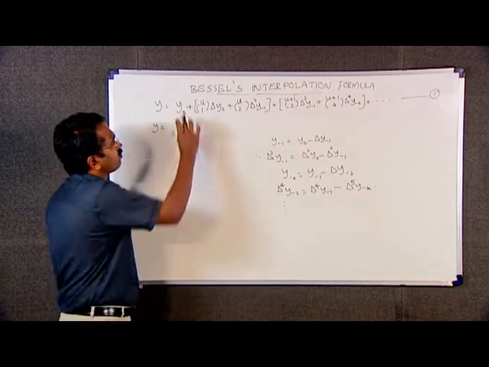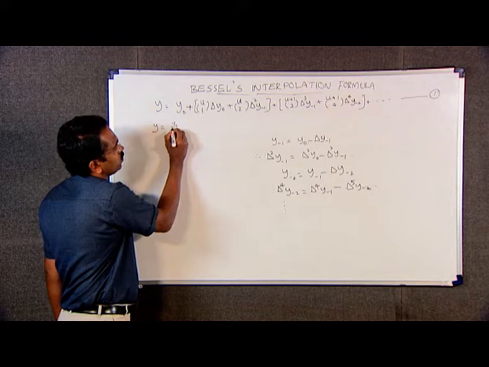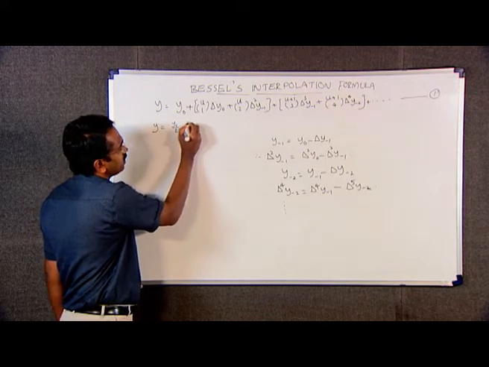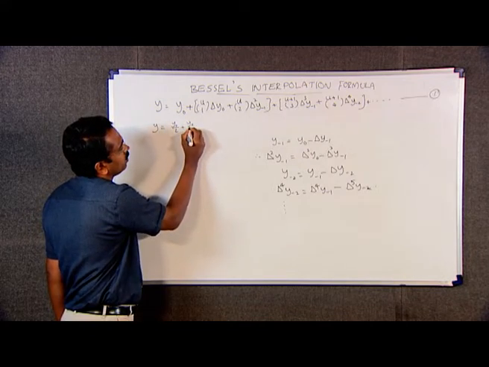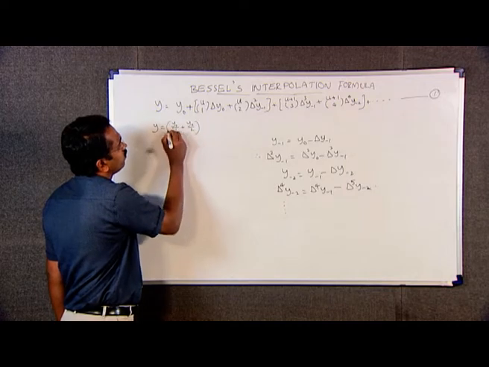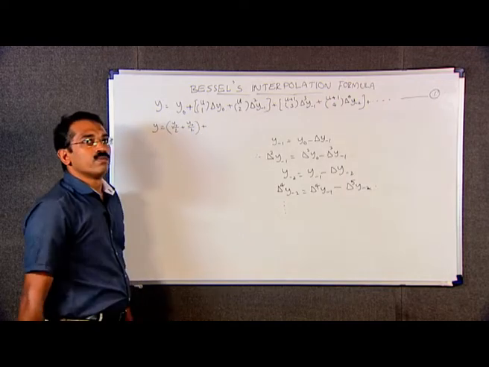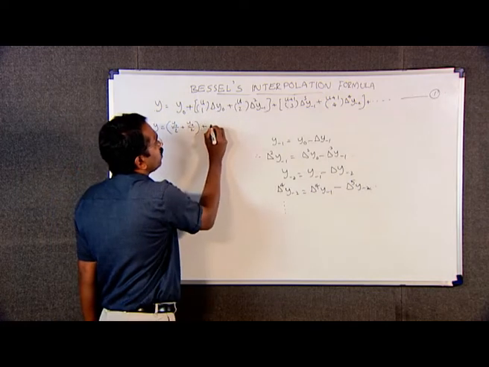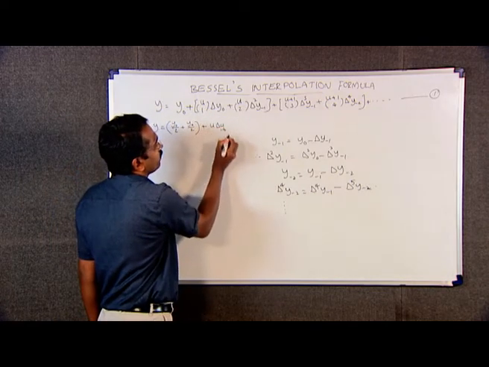We split this y0 into two equal parts, y0 by 2 plus y0 by 2, plus uC1, which means u into delta y0.